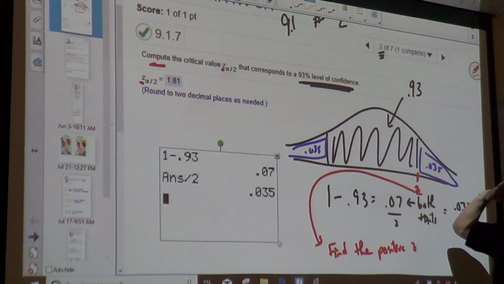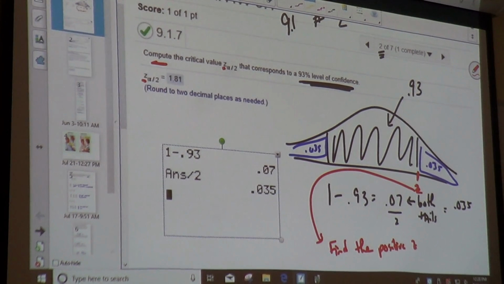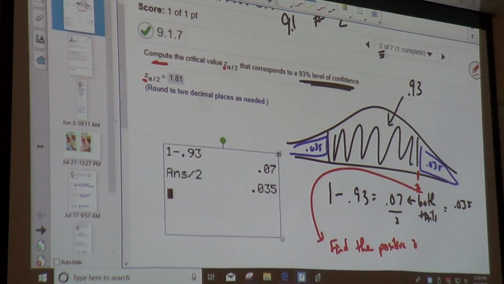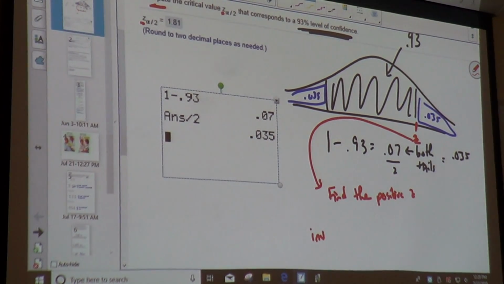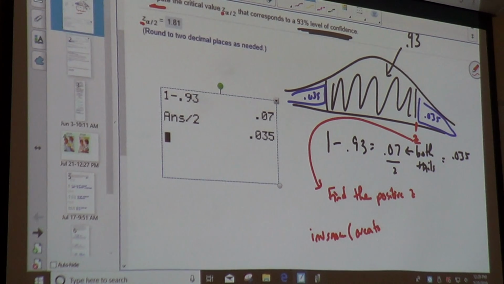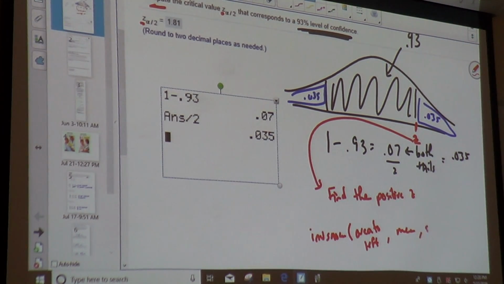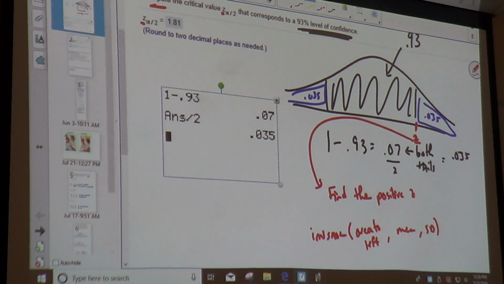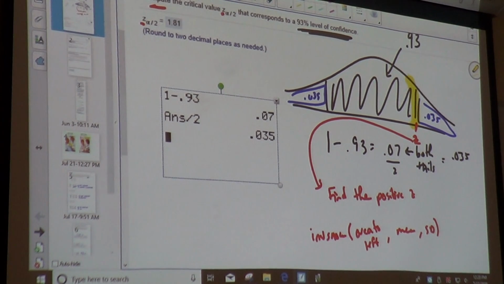So if we know the shade and we're trying to find the Z, what are we going to use in my calculator? Inverse norm. Okay? So I'm going to do inverse norm, area to the left, and then the mean and the standard deviation. My area to the left is everything to the left of that point.